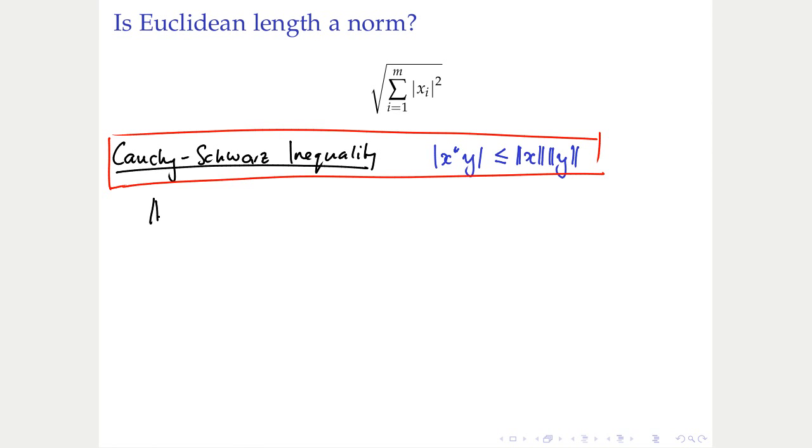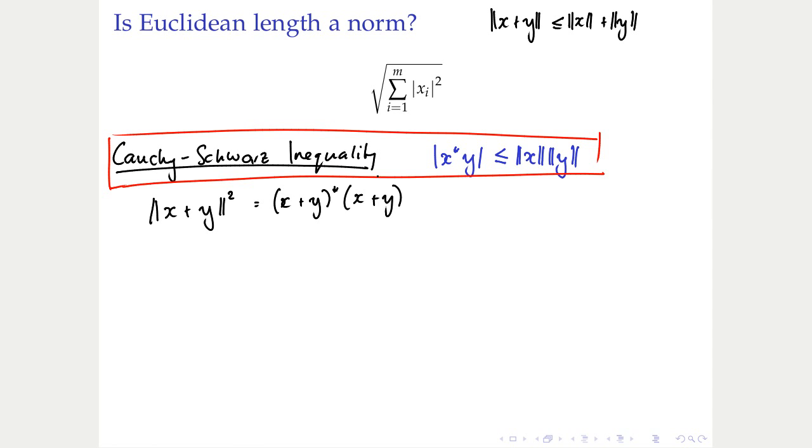So, triangle inequality. Remember we're trying to prove this: norm of x plus y is less than or equal to norm x plus norm y. Okay, so the norm of x plus y, well actually it's easier if we start with the norm of x plus y squared. As you know, we can write this as the inner product of x plus y with itself, and then we can expand out the brackets.